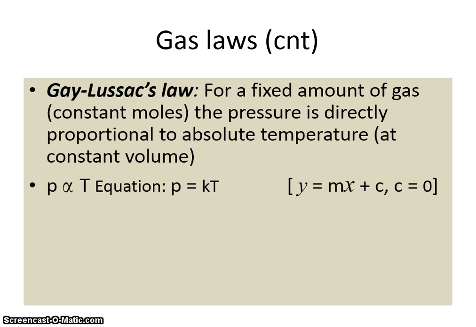In this one, the volume is constant and the pressure is directly proportional to absolute temperature, where in mathematical terms, P directly proportional to T, with another proportionality constant of K. Please remember, in all three laws, there's a constant amount of gas, a fixed amount of gas.